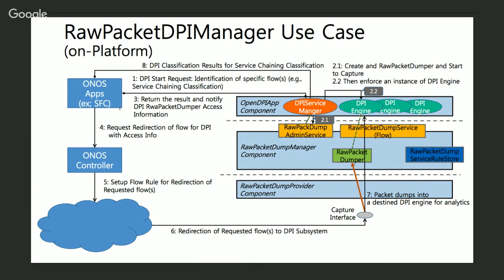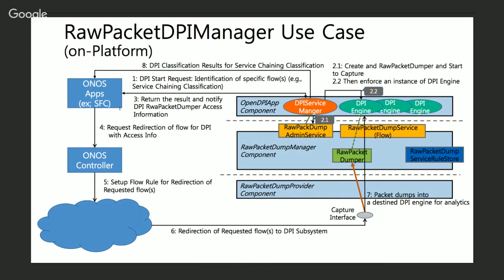Also the DPI service manager has to know what kind of application is interested in DPI services. So it registers its DPI request, and the DPI service manager will create the necessary packet dumper and DPI engine. Basically the process sets up the sink, where the events and packets can go, and then sends that information to the application.